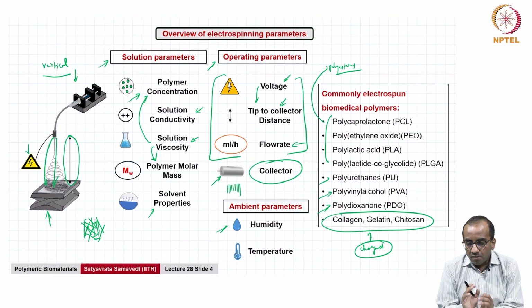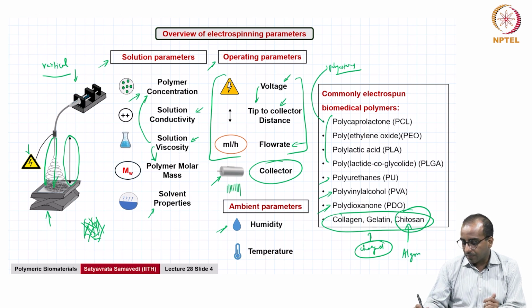And so from a processing perspective, because we are looking at this in the context of biomaterial processing, electrospinning of these charged polymer solutions becomes a bit tricky, particularly polymers like chitosan, right, where it's a polycation, or alginate, which is a polyanion.